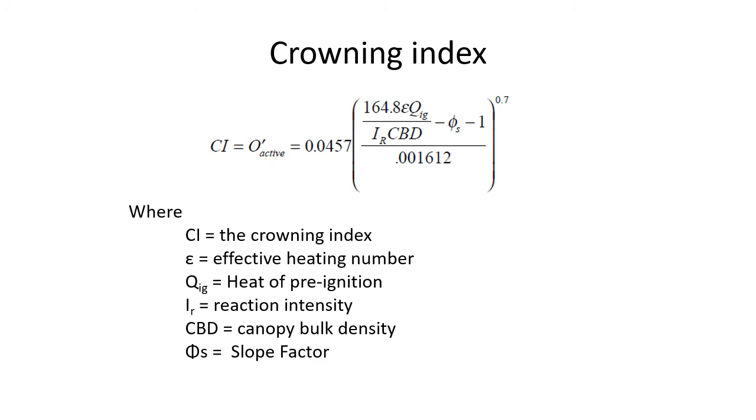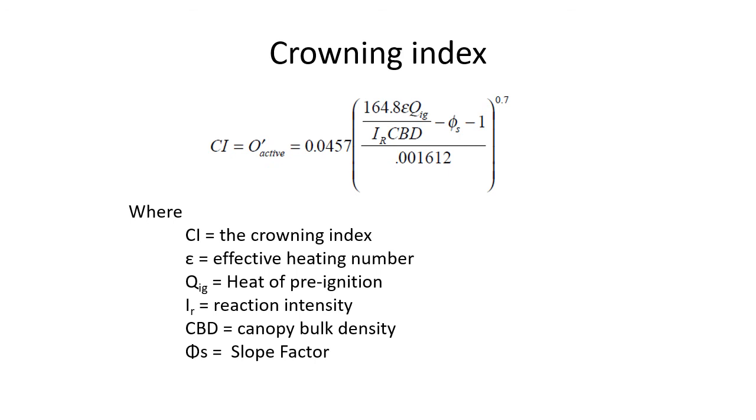Like the torching index, I'm not going to go through the whole derivation. We can find that in Scott and Reinhardt. But here's the equation for the crowning index. And just to notice in here, we can see the things that are going to affect it, right? So the heat of ignition, which is going to be based on the surface fuel moisture primarily, our crown bulk density, or canopy bulk density, sorry, and then the slope of the stand, all go in there.